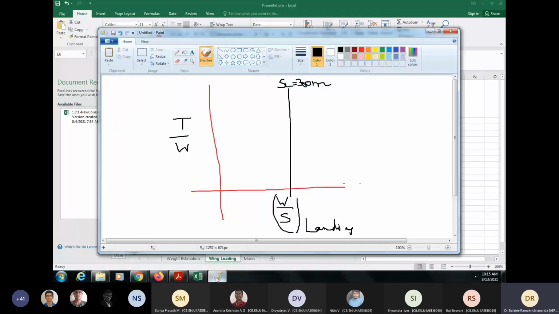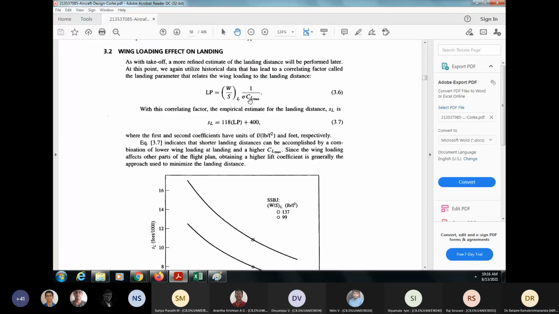You don't have to put red or this right now. Later, CL max is equal to 1. When you increase CL max, what will happen? Look at the equation. You find out whether it comes to the right or left of this.